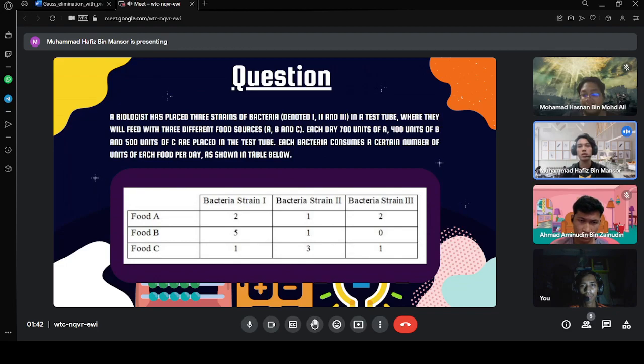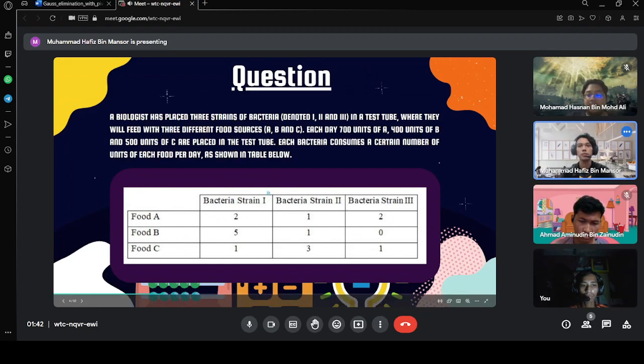Each bacterium consumes a certain number of units of each food per day as shown in the table below. This is the table of information that we need, using the Gauss elimination method to solve and get the answer.